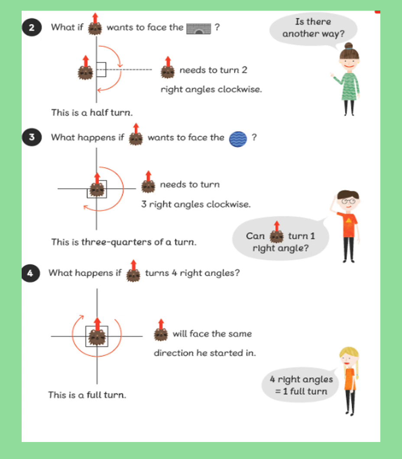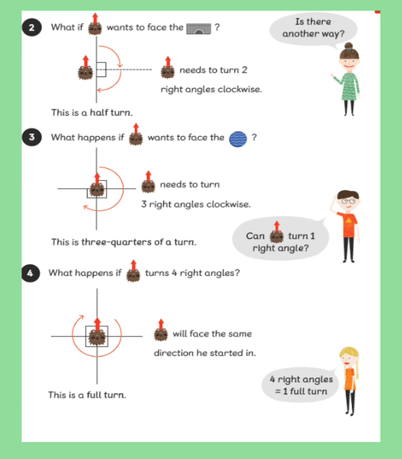Now, the next question asked us to turn Chewy towards the Lake of No Return. To achieve this, we needed Chewy to turn one more right angle clockwise from the tunnel, which means he would have to turn 3 right angles clockwise, or 3/4 of a whole turn. Excellent. How else could Chewy get from facing the castle to the lake?